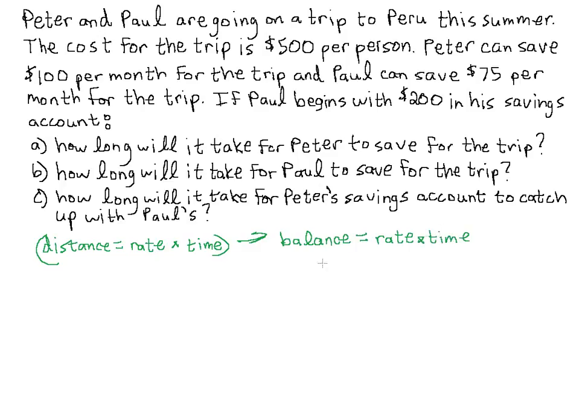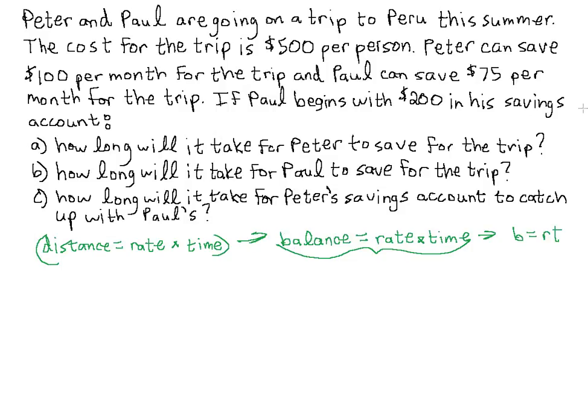So let's use this formula, which is very similar to the distance formula, to calculate each person's savings account. If we want to shorten this, we can just call it B equals RT, balance equals rate times time. And the formula will essentially work the same. So we're simply defining our dependent variable differently, our dependent variable being balance.